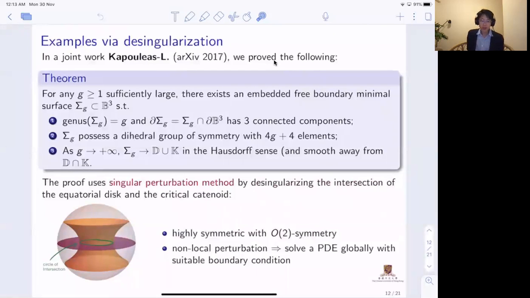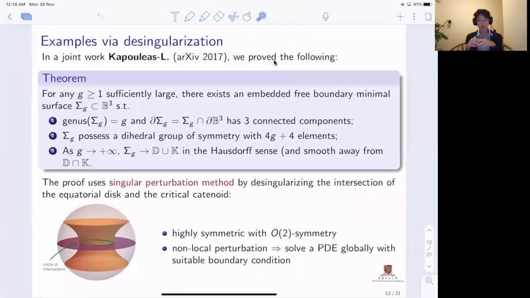One can also go in the other direction, using gluing constructions to construct new examples. In joint work with Kapouleas, we proved the following examples exist. First of all, these examples have very high genus because of the gluing construction, and they have 3 connected boundary components.